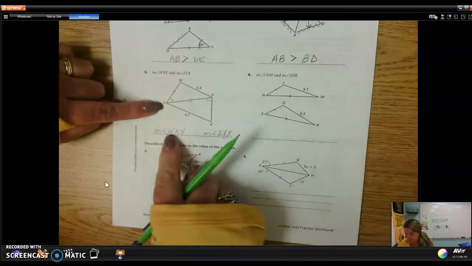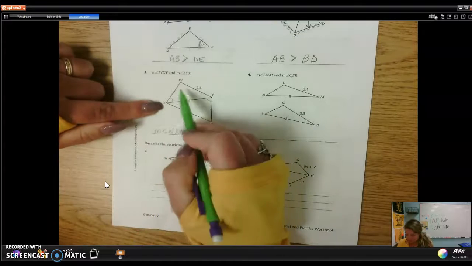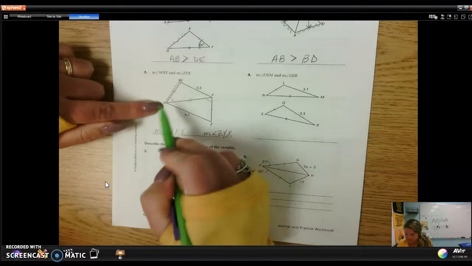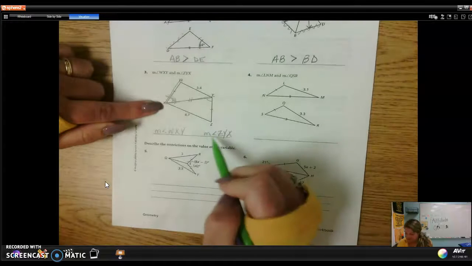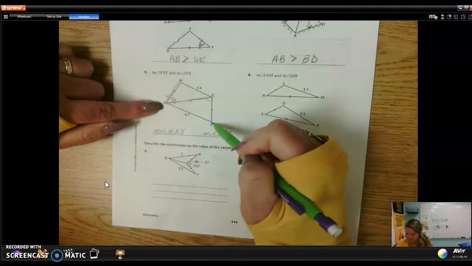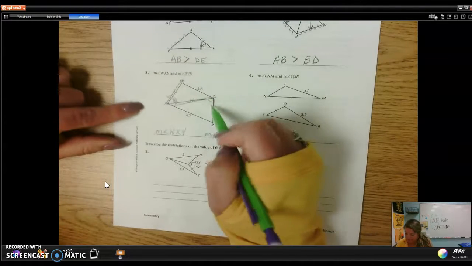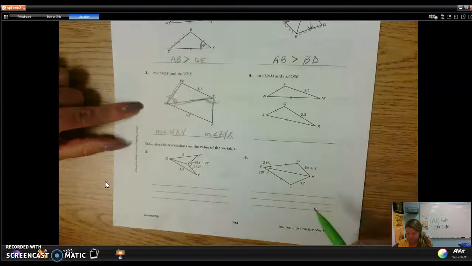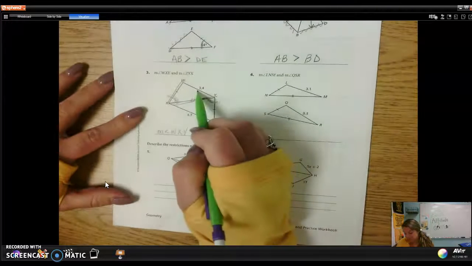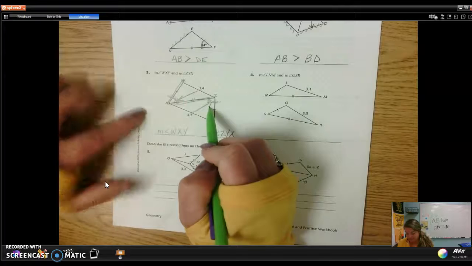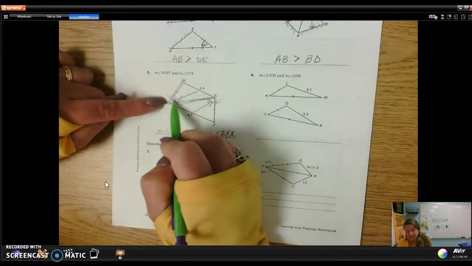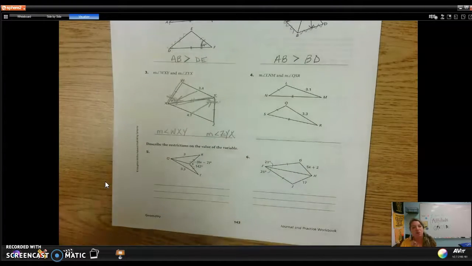So WXY: if I start at W, go down to X, go over to Y, we're looking at this opening. ZYX: I start at Z, go to Y, go to X. I'm looking at this opening here. If 3.4 is smaller than 4.7, then this angle in here has a smaller opening.